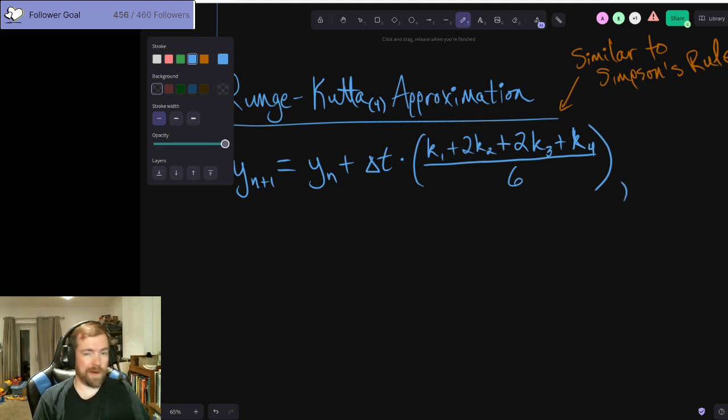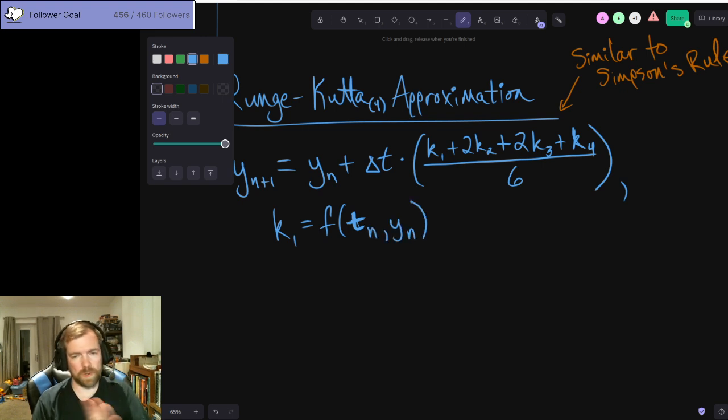Okay, so this is where it gets fun, right? K1 is just our Euler's, never mind. We're just taking the same slope approximation as we did with Euler's formula.